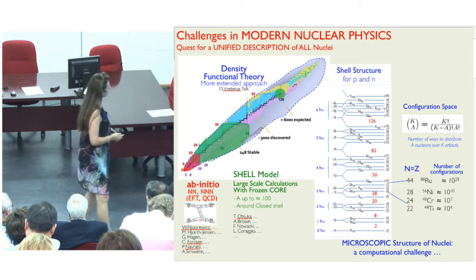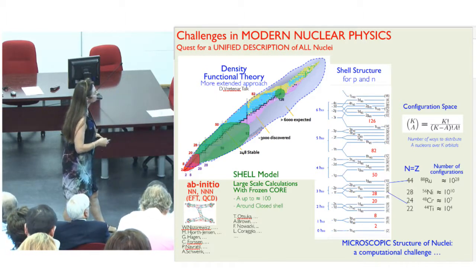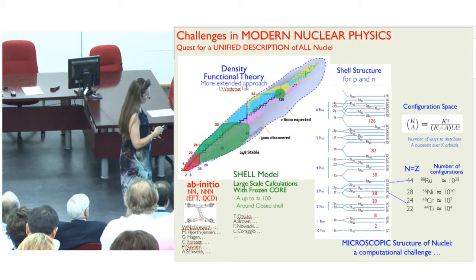And, for example, they can be performed at the moment only up to mass 100 or around closed shells with frozen cores.